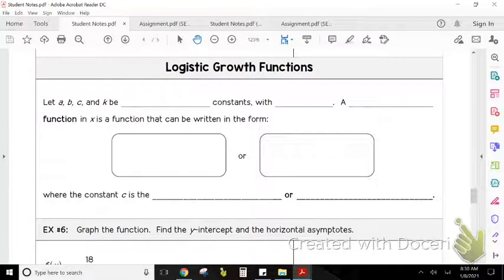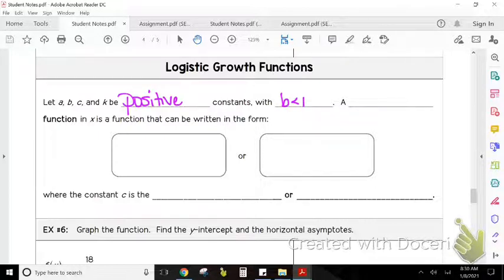3.1 continued. So now we're going to talk about logistic growth functions. It says let A, B, C, and K be positive constants with B less than 1.